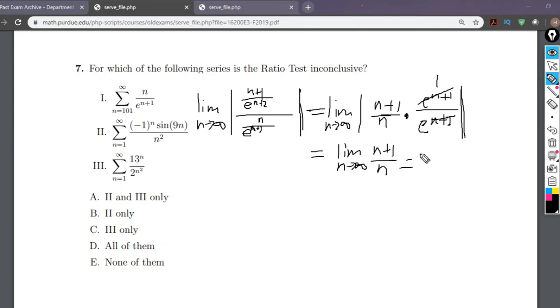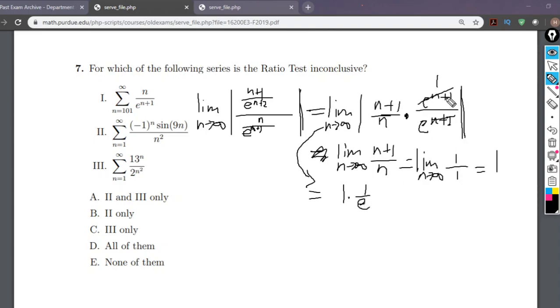So this would be the limit of n still approaching infinity, taking the derivative on top is 1 over the derivative of n is 1. So then the limit of this is just 1. And then the limit of this whole equation, sorry, that should not be an equal sign here. So the limit of the series, the ratio test here, will be 1 times 1 over e.